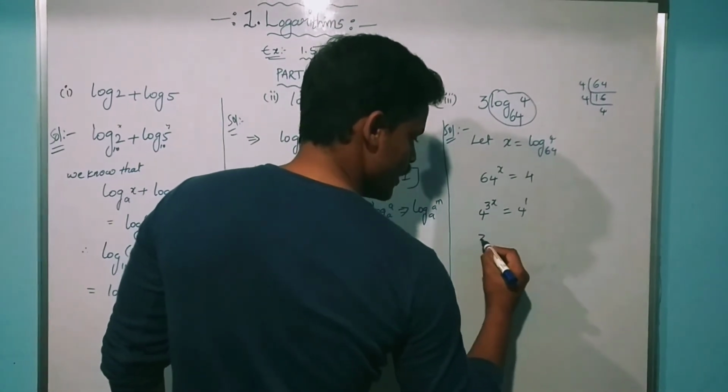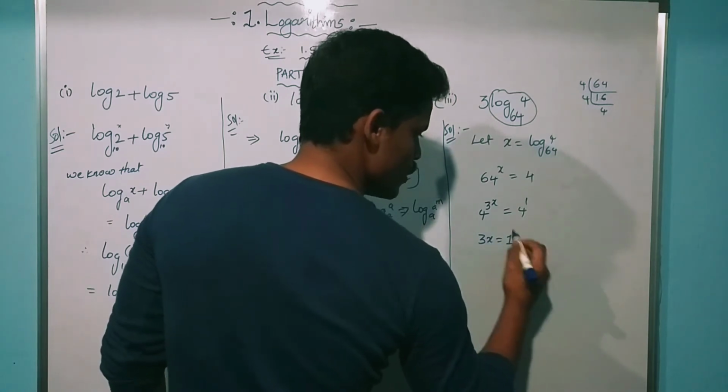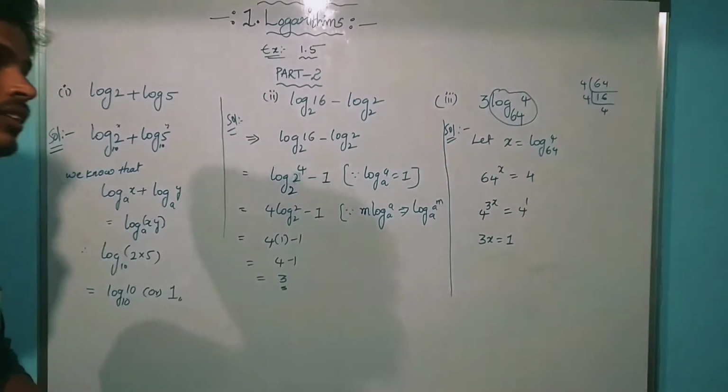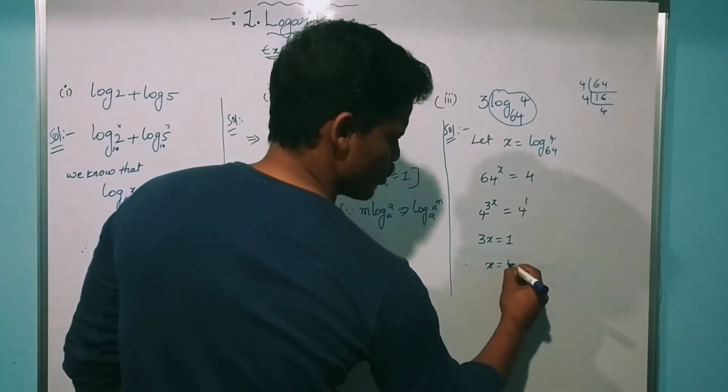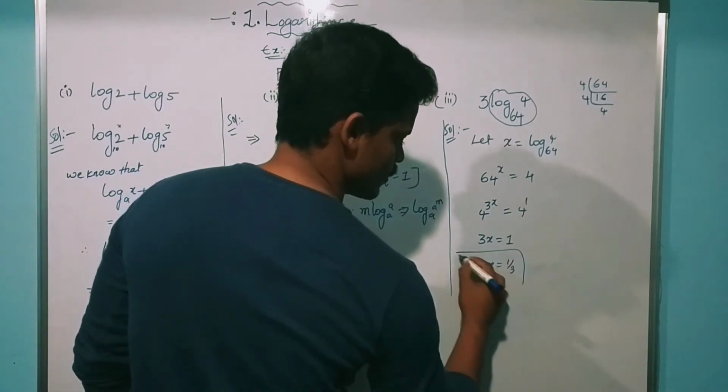Base or equal power should be equated, so 3x is equal to 1. Therefore, x is equal to 1 by 3.